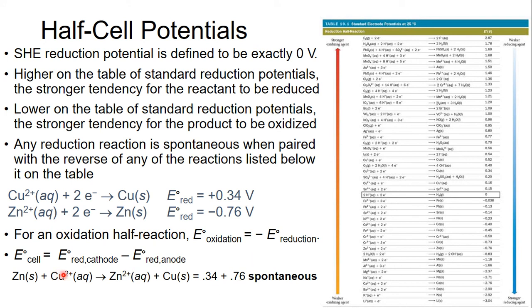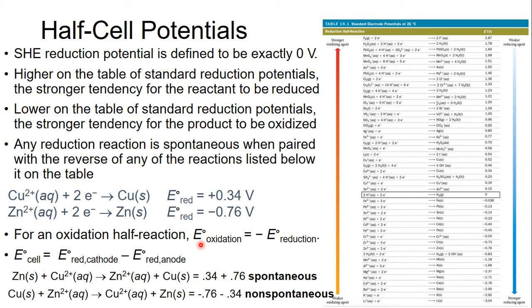Copper here is being reduced. It's going from plus 2 to 0, so it's gaining electrons. So it's our cathode, and so that has a positive reduction potential, so we just put it here for our reduction at our cathode, and we get a positive number of 1.10. If you get a positive voltage, that reaction is spontaneous.